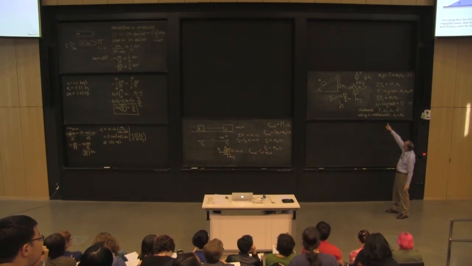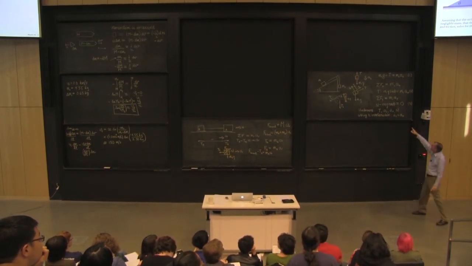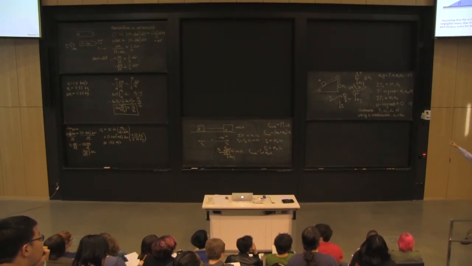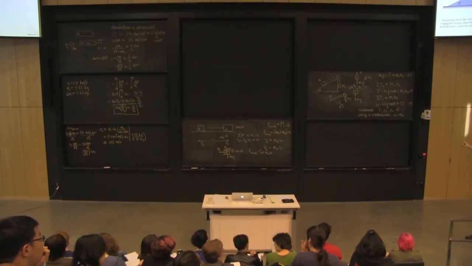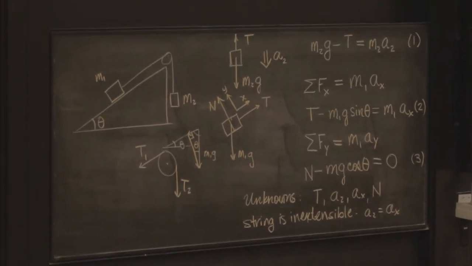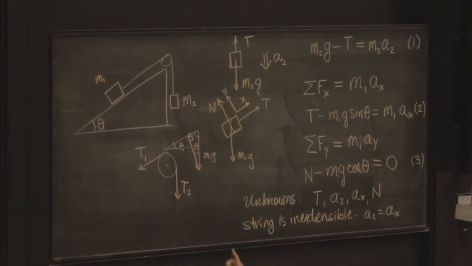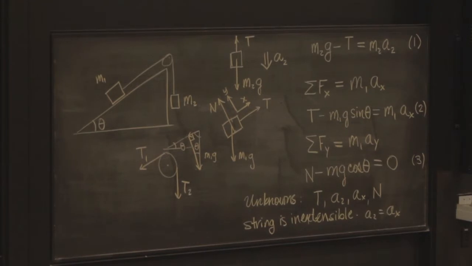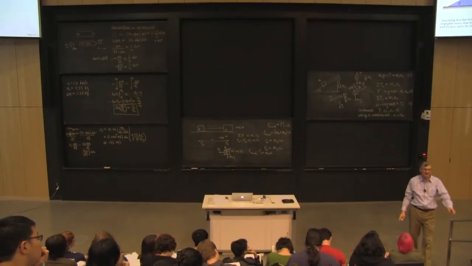As you can see on the top isolation diagram for M2, the direction I'm taking as positive for the acceleration A2 is down. If M2 falls down, then M1 must go up. And so I have oriented the coordinate system for 1 to be in agreement. Positive is going up. Do I have to do that?